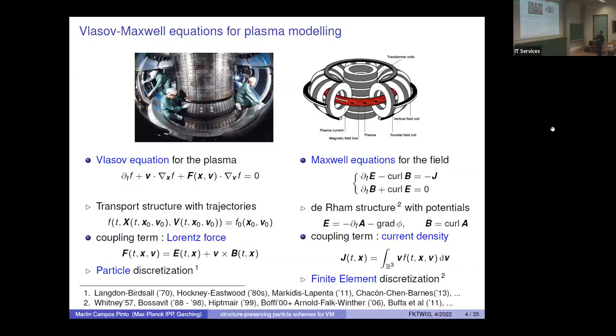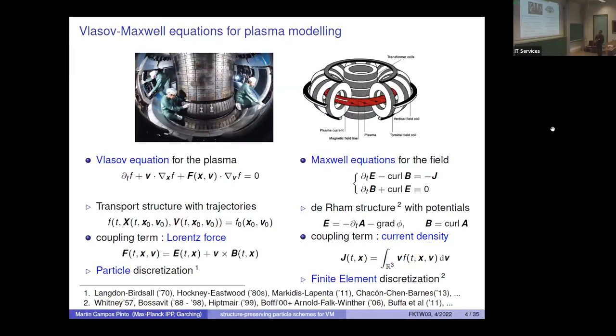The coupling term in the Vlasov equation is the Lorentz force, which involves the electric field and the magnetic field. And in the Maxwell equations, the coupling term is the current density, which is the first velocity moment of the plasma density.